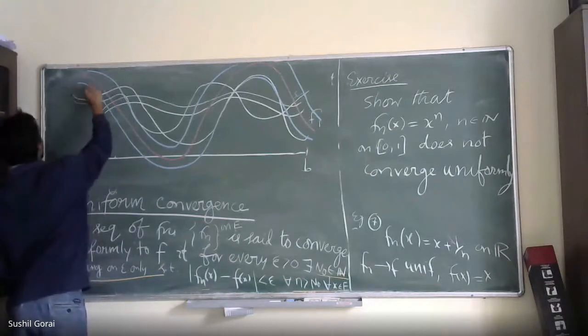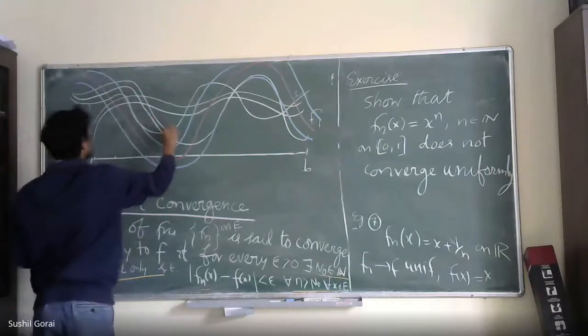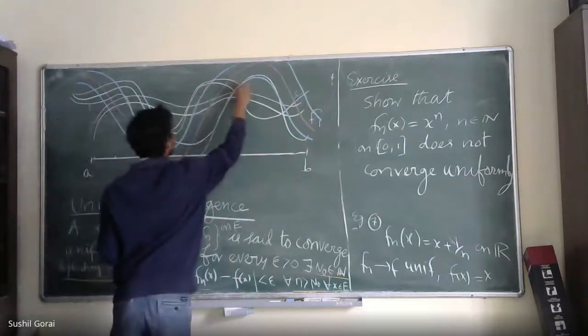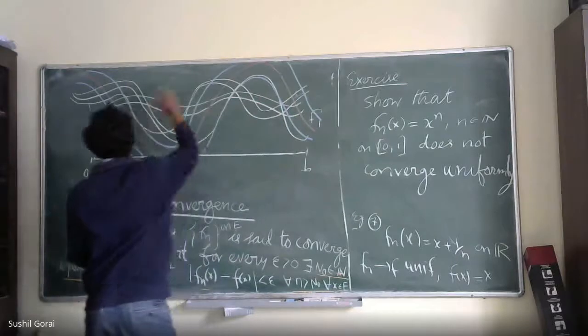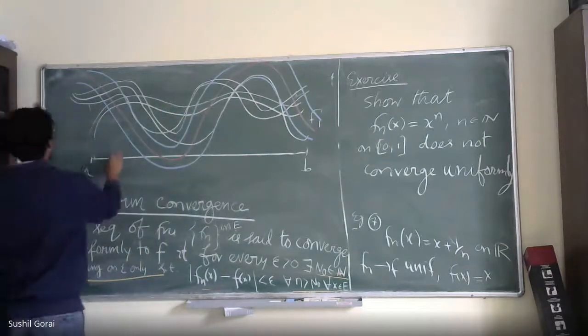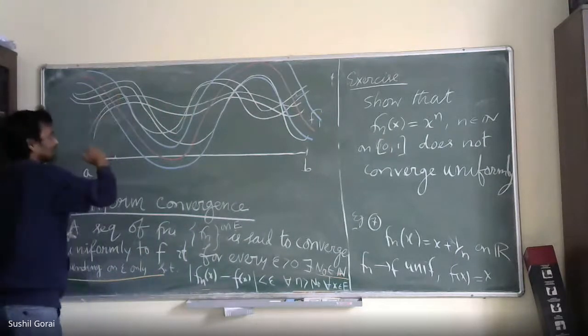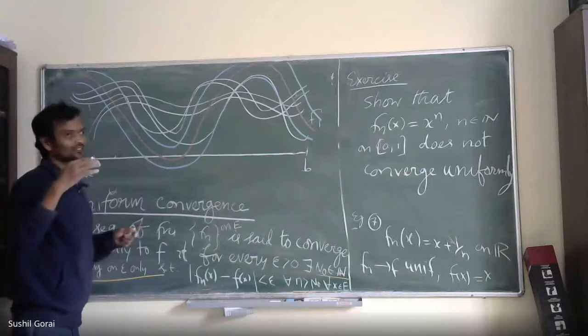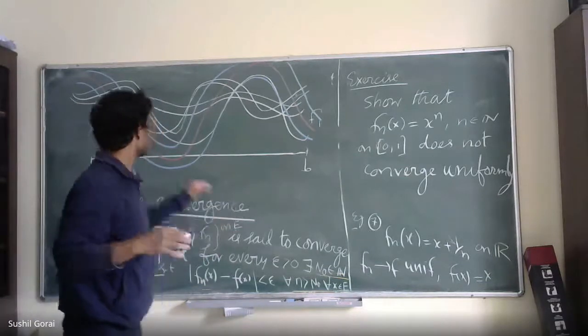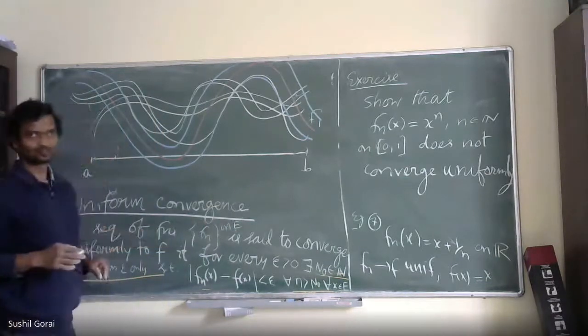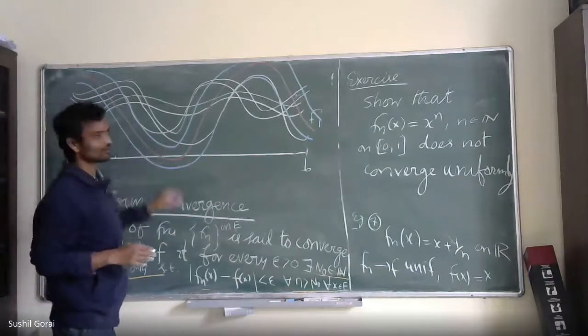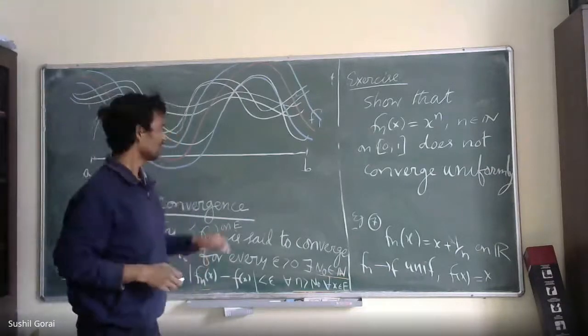So this is f1. Like this, it can jump for pointwise convergence. At some point, let's say after 1000, it falls into there. At some point, it falls in after 1 lakh, and so on.